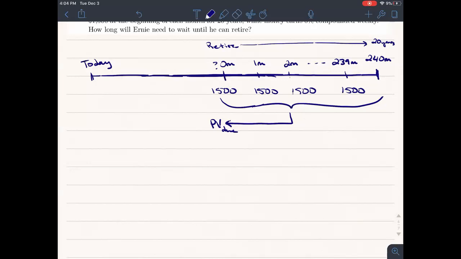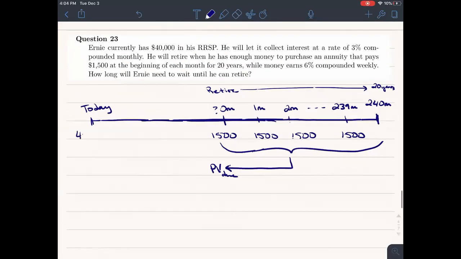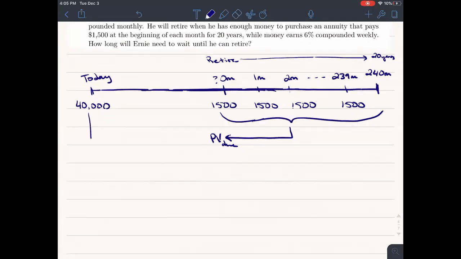So what we want to know is he has 40,000, which has to grow to a future value, which is going to have to be equal to that present value due, right? That's the value that can sustain these payments that he wants.